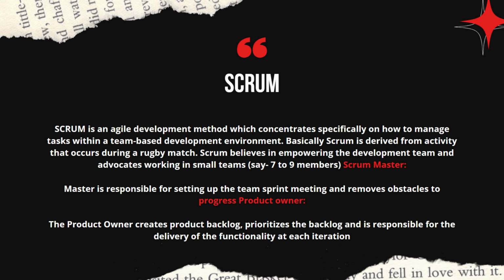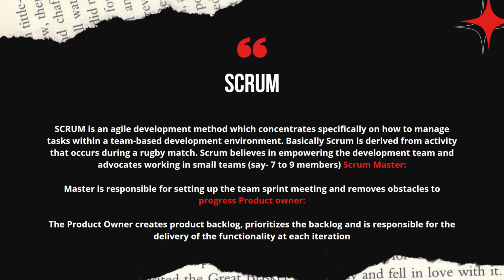Scrum. Scrum is an agile development method which concentrates specifically on how to manage tasks within a team-based development environment. Basically, Scrum is derived from activities that occur during a rugby match. Scrum believes in empowering the development team and advocates working in small teams.